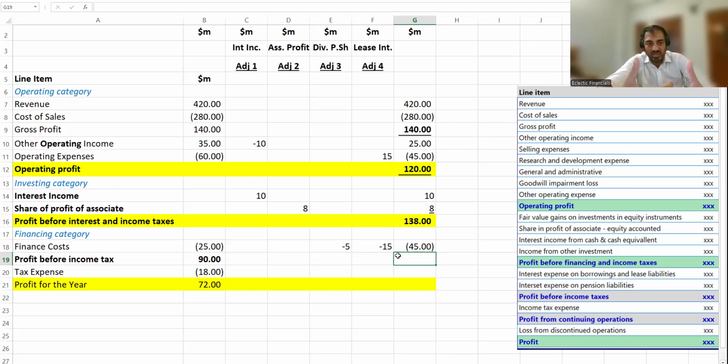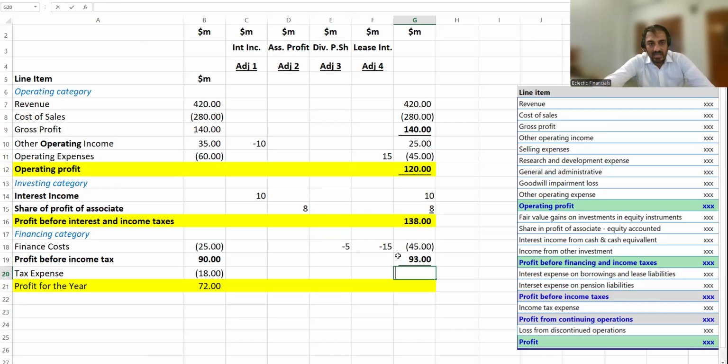All these finance costs need to merge. Then 93. Then tax expense and its total. That's 75. This is the profit. Previously, the wrong profit was 72. Now we have to report the profit 75 with these subtotals.